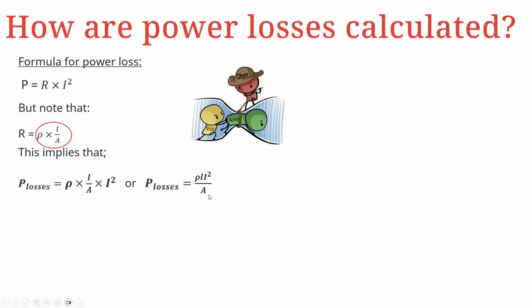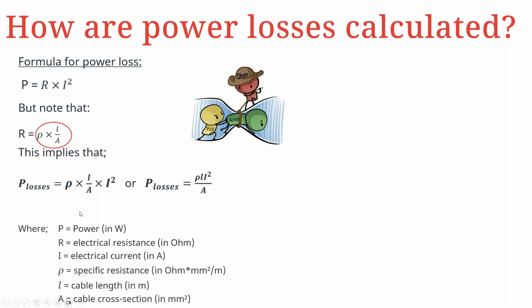Just basically putting it all together to make it a bit simpler. So that's how you calculate your power losses, where P is power, R is electrical resistance as earlier defined, I is electrical current, rho is the specific resistance, L is the cable length, and of course A is the cross-sectional area of the conductor.